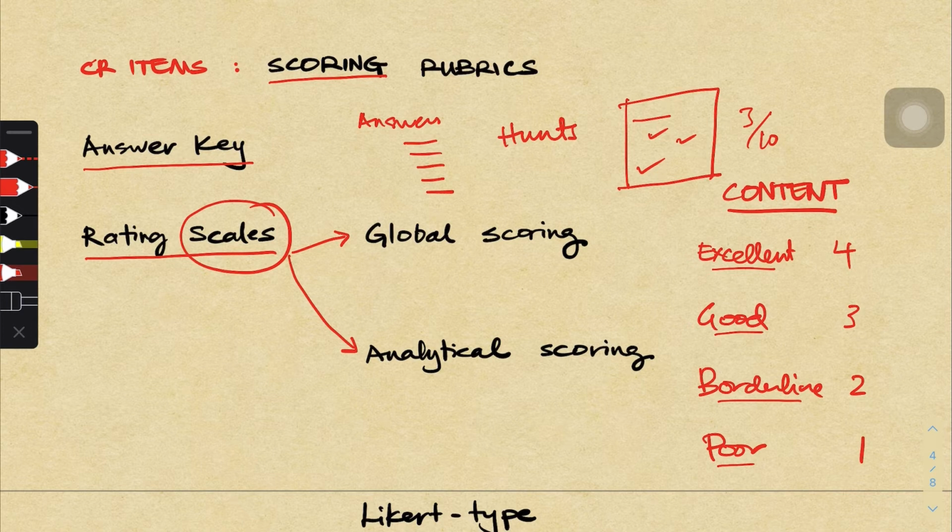So now you can direct the rater's attention to, of course, content. For excellent, you might describe all points provided; good is most points; borderline is nearly half the points; poor is no points or very few points.